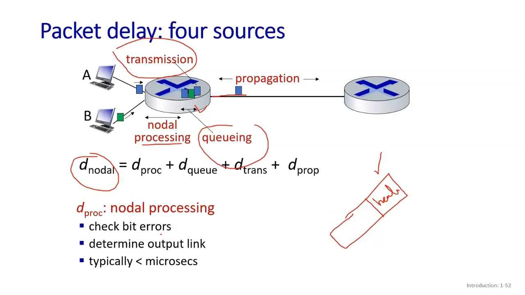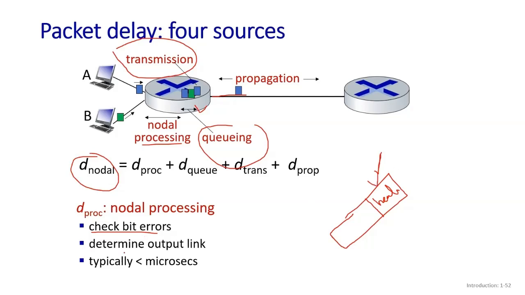So processing delay is the time taken by the router in checking for bit errors. We will study various techniques of checking bit errors later in this course, and in determining the output link from the packet's headers.